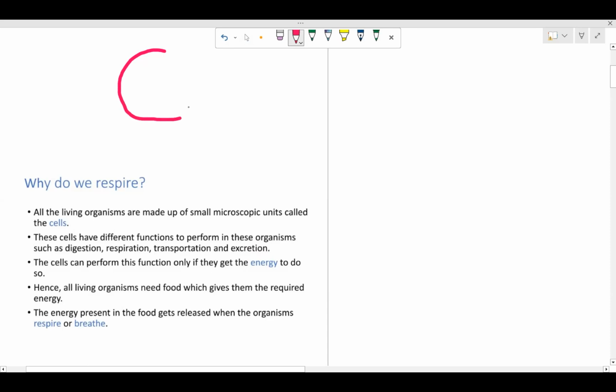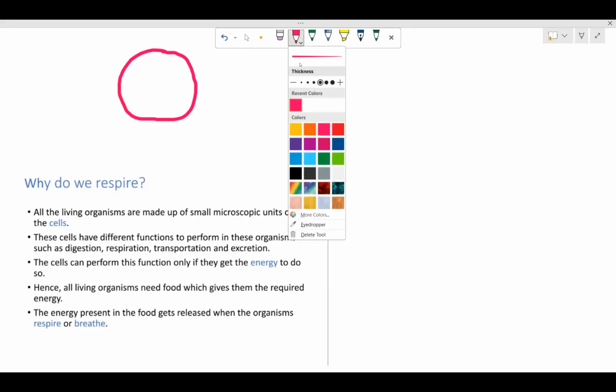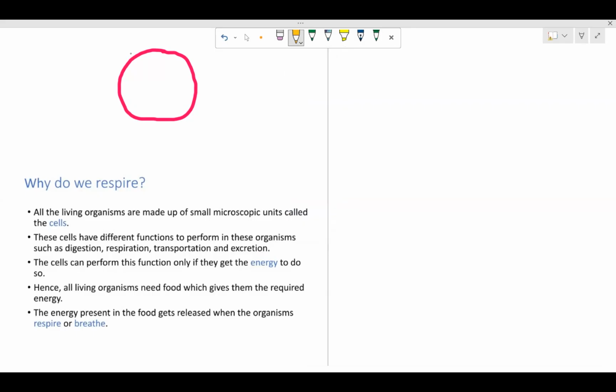Respiration is essential because, ma'am, the human body is made up of cells. A human organism is a multicellular organism. So these cells can only perform their work through the energy which they get through respiration.